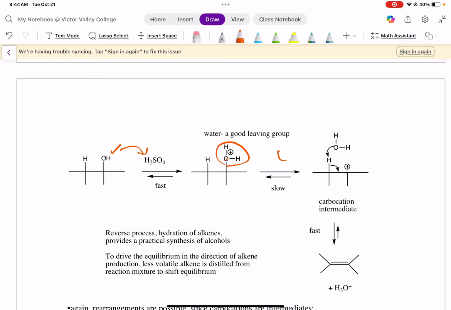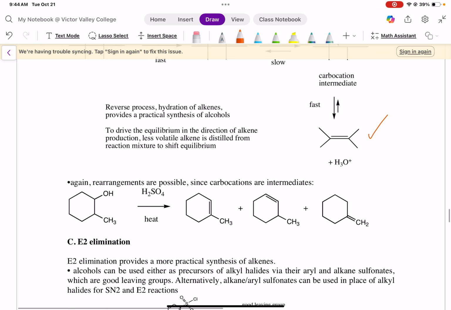This is obviously E1. Water takes off, making the cation, and then hydrogen gets eliminated, and we get a double bond. So every time you see sulfuric acid with heat, that's dehydration. Very popular set of reagents for eliminations. Obviously, this is the most stable.